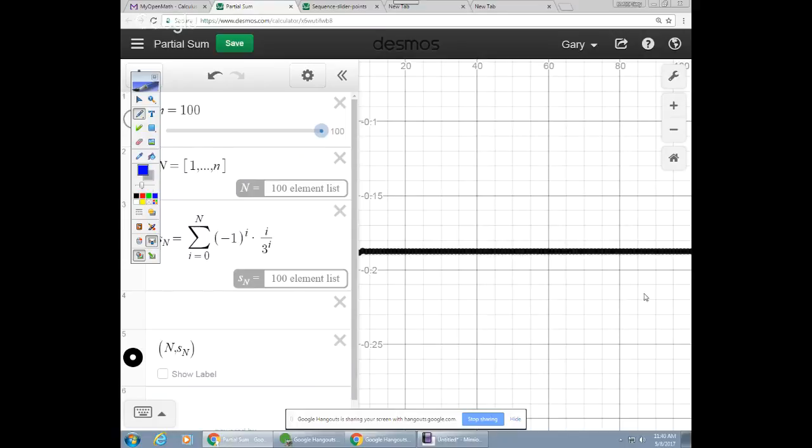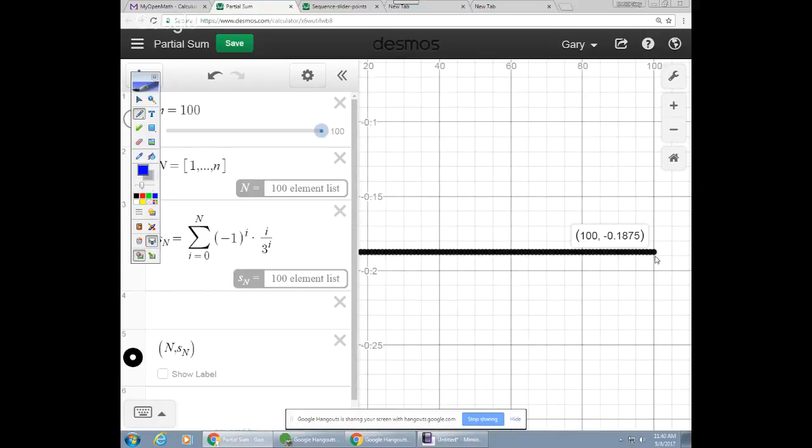Okay, so if we click on one of those points on the end, now little does Desmos know that we have way more accuracy than 4 places, right? What do we have, 46 places of accuracy? Probably more than that. That's an upper bound on it. And so it's about 1.875-ish.